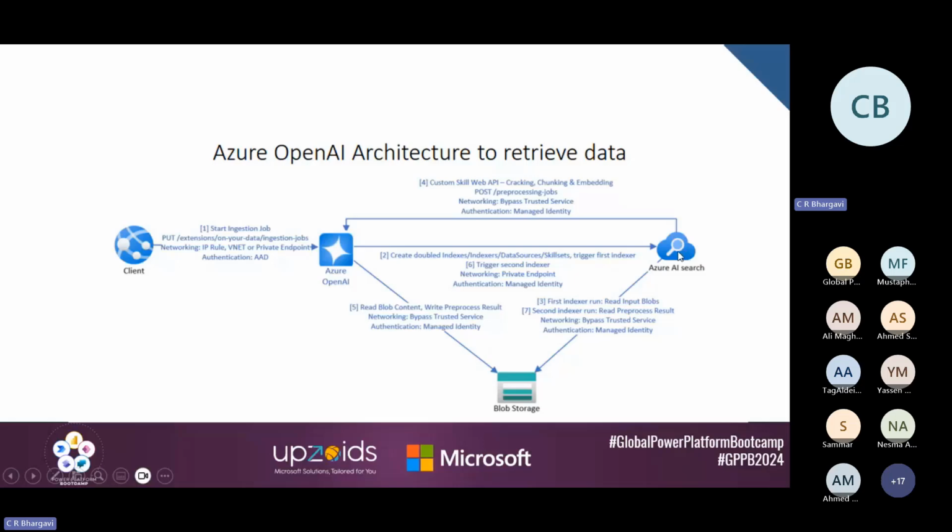And the Azure AI search would then be running the query to read the input blobs, which is like reading your organizational data, and then it would return the result, and then it would hit back to the Azure OpenAI, and from there the client would be getting the response to whatever they had requested.